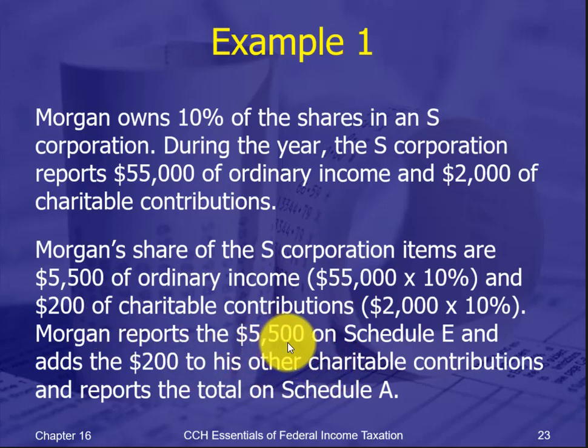She's going to put the 5,500 on a Schedule E. So partnerships and S corporation, when you get a K1, that income that's shown on the K1 goes on the Schedule E for the partner or the shareholder, page 2. The 200 is separately stated and goes on Schedule A, just like any other charitable contribution.